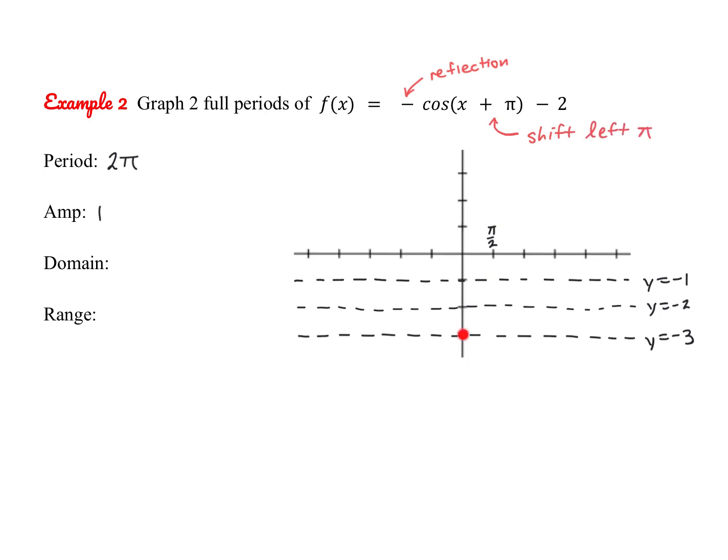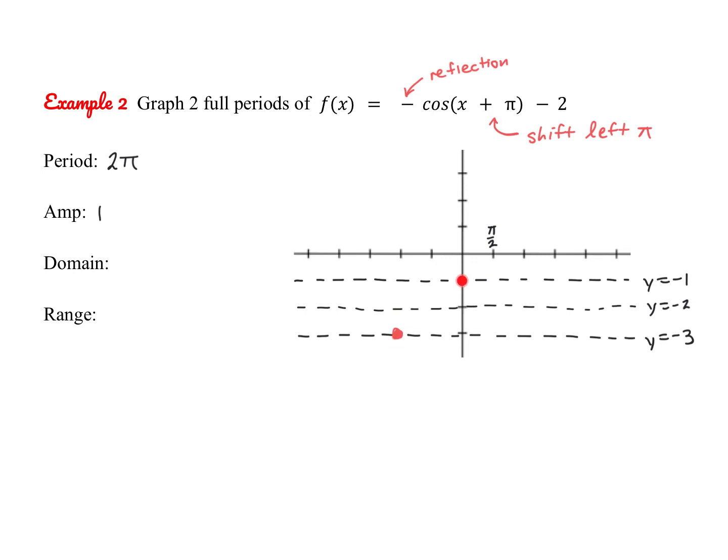Typically, remember, with the reflection I would be starting here. But now my starting point needs to be to the left pi units, which is 2 tick marks on our x-axis. So our quote-unquote starting point is right here. I'll do the starting point in red, just so you can follow along. So here's the starting point I'm using.